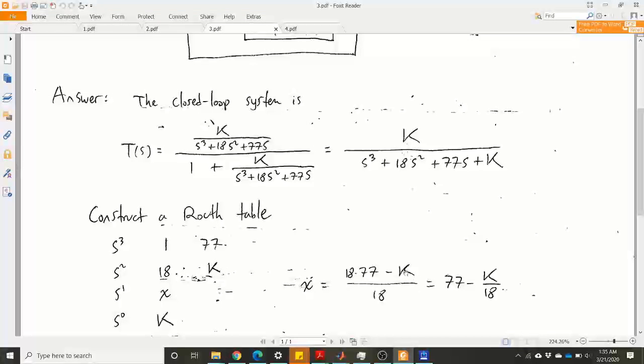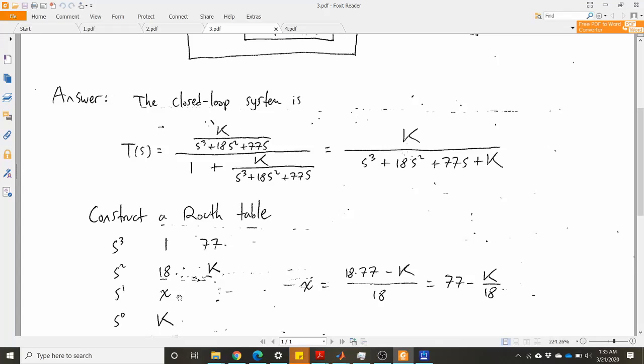Next, we construct a Routh table. The table is given by this. s cubed is 1, put 1, 77 for the s coefficient, so 77, and s squared is 18 and k.